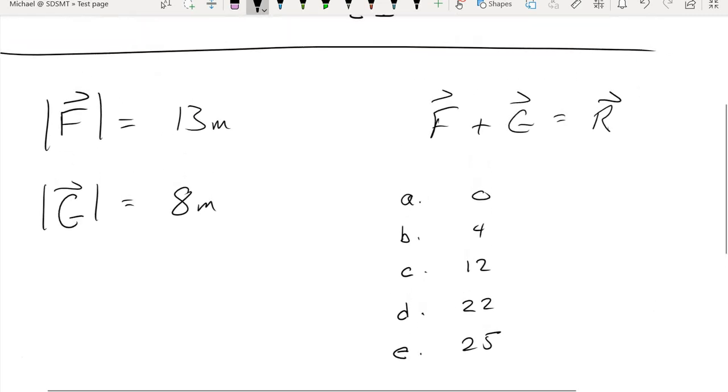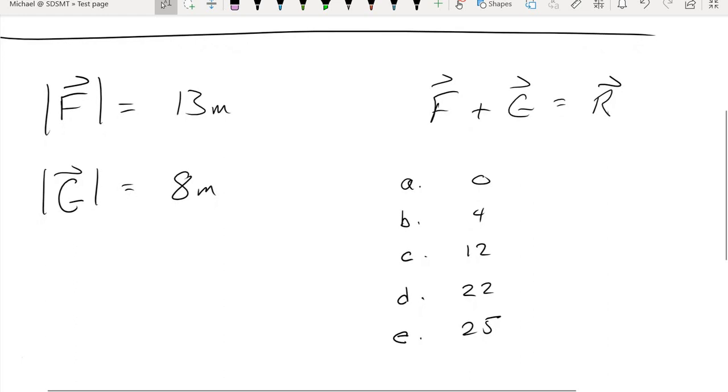Okay. So we want to add vector F to vector G to produce vector R. Which of the following choices could be the magnitude of vector R? So I want you to add vector F to vector G and tell me which of these could be the resulting magnitude of their combination.